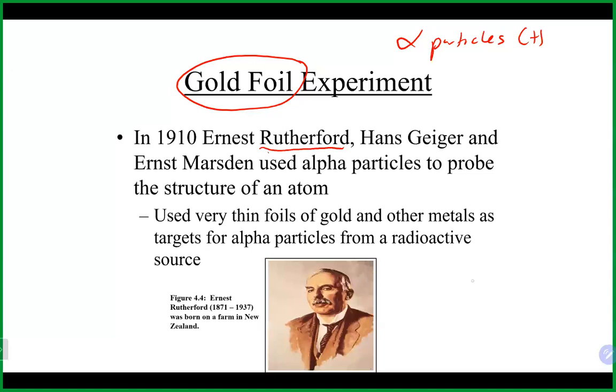Based on the plum pudding model, he had an expectation. We're going to shoot these positively charged alpha particles at an atom that has all this positive charge spread out through it. What he anticipated is different from what actually happened.